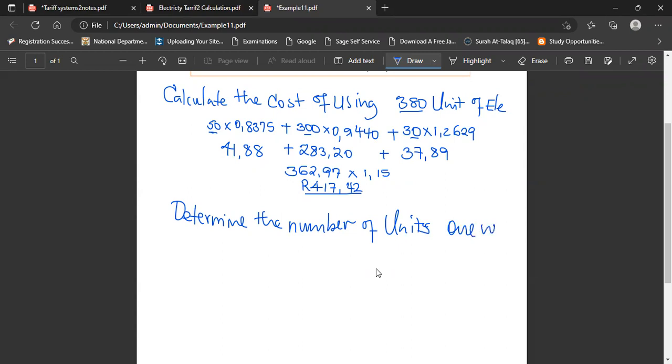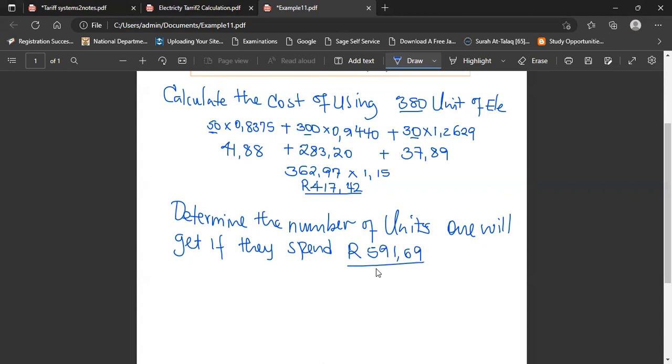One will get if they spend 591 rand 69 cents. So now we shall be working backwards.